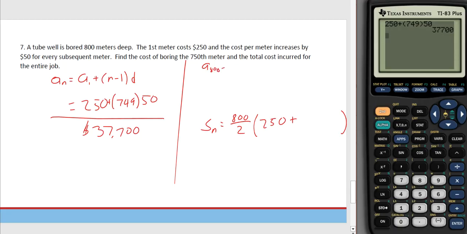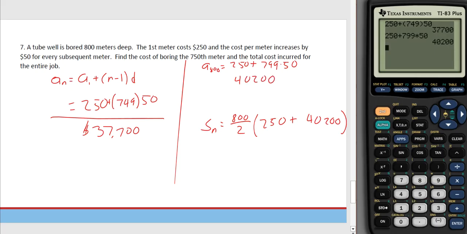A800 would be equal to 250 plus 799 times 50. $40,200 for that last meter being drilled, right?